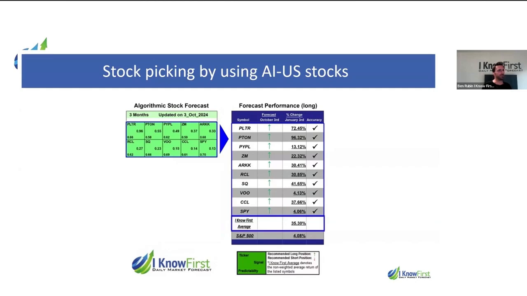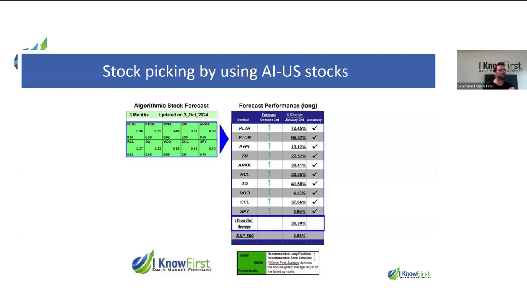For the longer time frames of 3 months, which I really like, we can find stocks, for example, Palantir, for which on October 3rd the algorithm gave a strong recommendation, and it's outperforming the market with 72%, PTON as well, PayPal, ZIM, the ARK ETF also is in this specific universe.